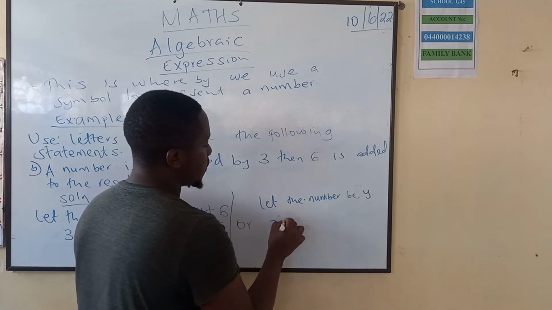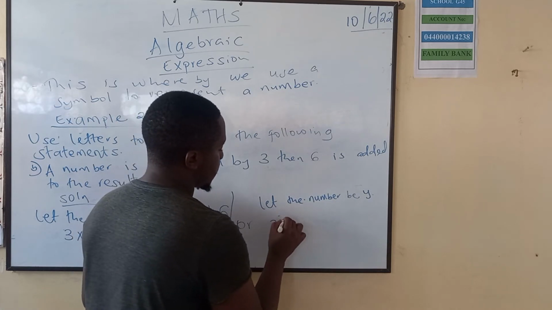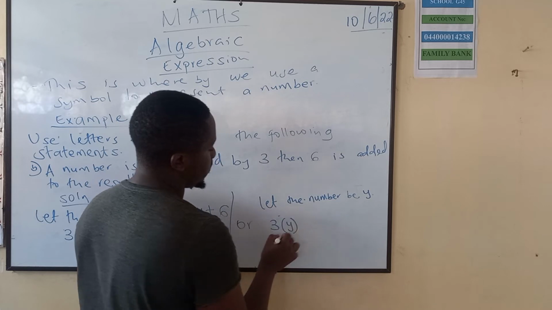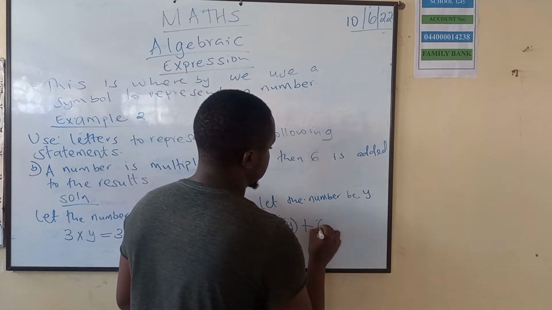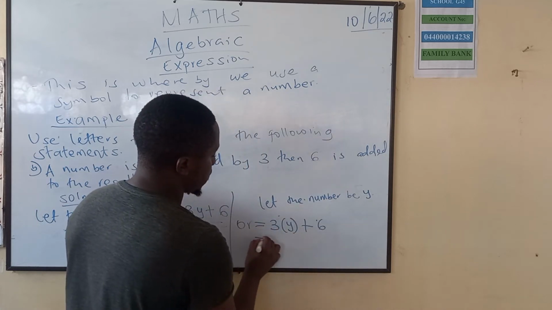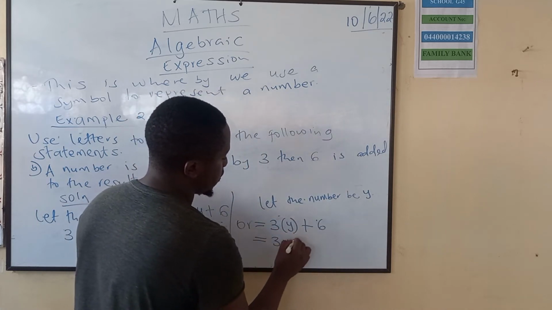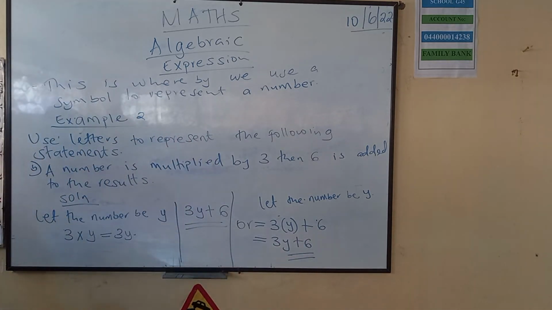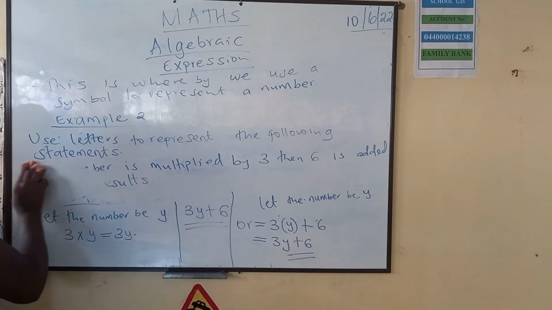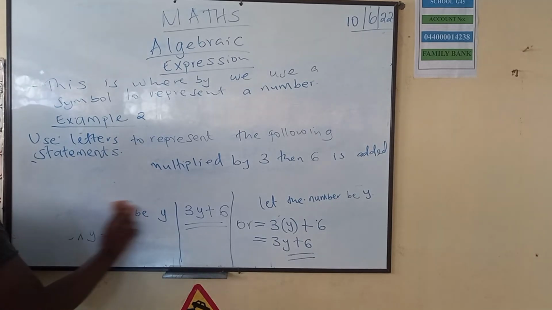So you just do 3 into brackets y, because I'm multiplying it, plus 6. Opening the brackets, you get 3y plus 6. And that's an alternative solution. Let's do another one.